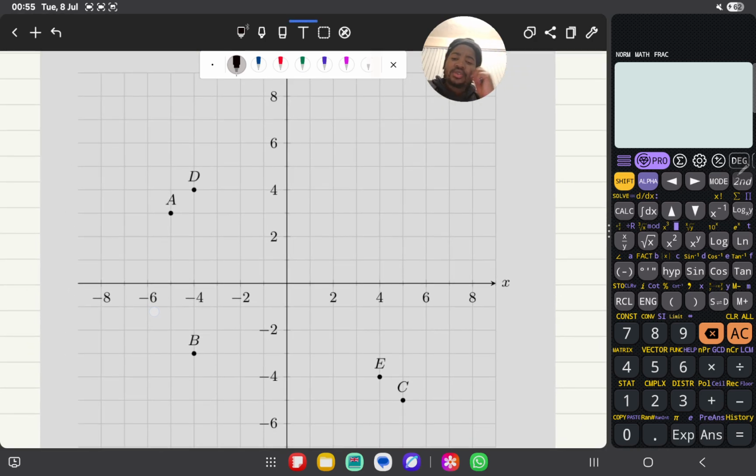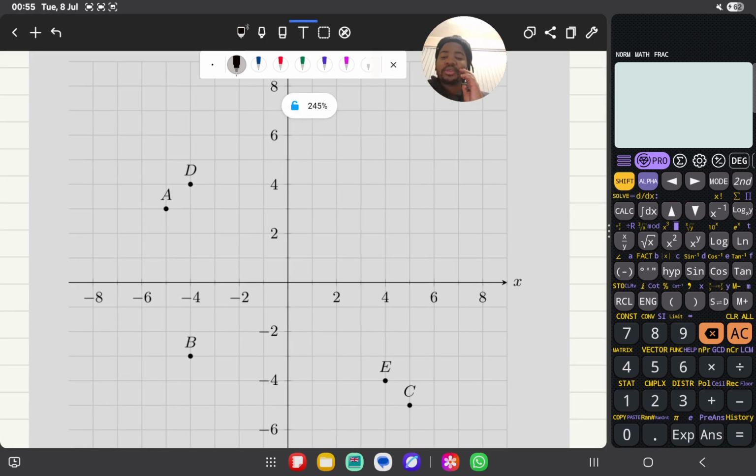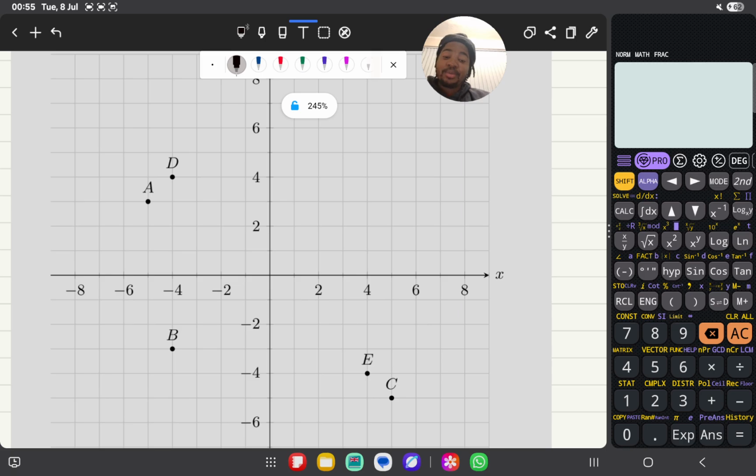Let's also try to make it fun. We have a couple of points, A up to E, so let's try to find the coordinates of these points. Here, this is A, and we start with the x values. This is our x-axis. We have 0, 2, -2, and where the numbers are not written, you know those are the odd numbers.